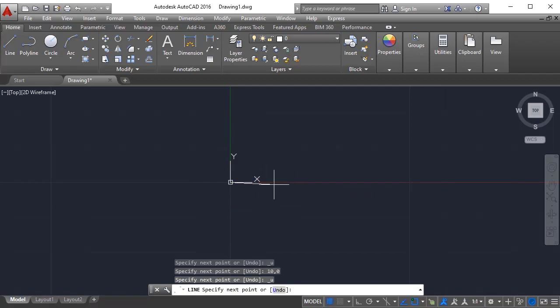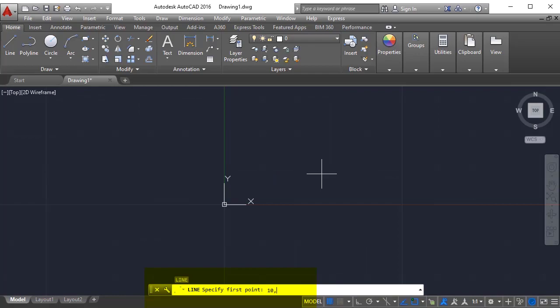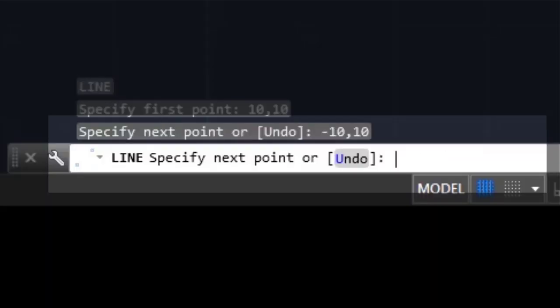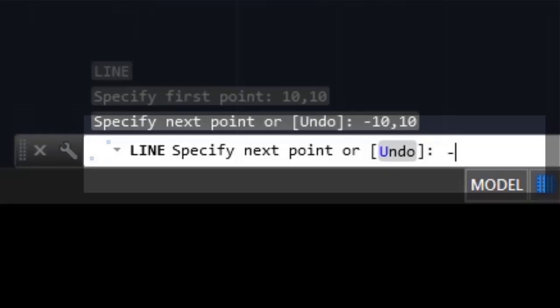So if you want to construct any kind of geometry using the line command with the absolute method, you have to follow this origin and apply the values according to the position with respect to the origin only. L enter, I use 10, 10, so the point starts here. If I want to go to a point here, minus 10, 10 means minus x value, plus y value. If I want to go here, minus 10, minus 10, x and y both are minus.